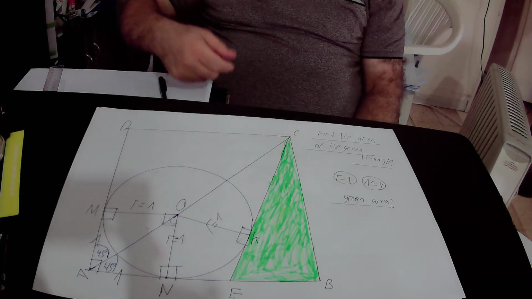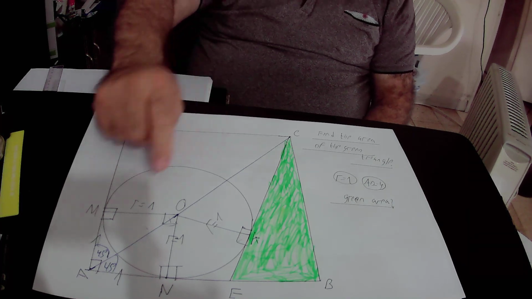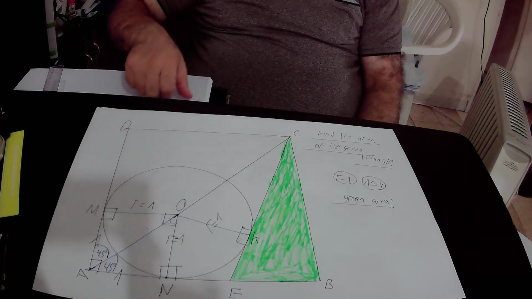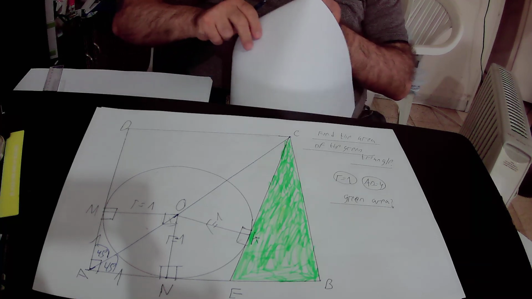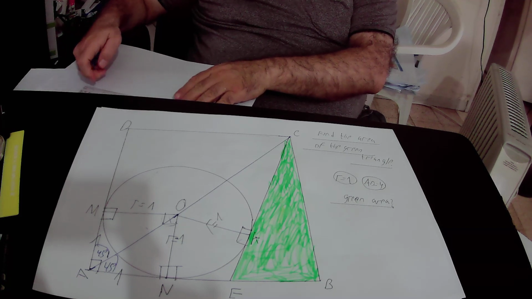But because those two angles are equal to each other, we conclude that the diagonal CA passes through point O. Okay? In the next step, I will present to you a new rule, number 7.